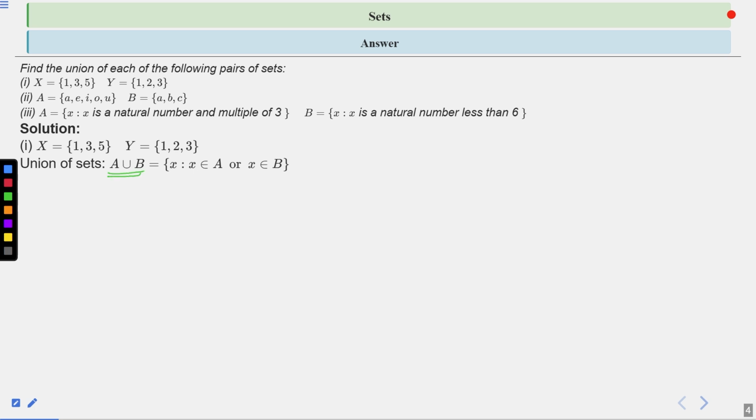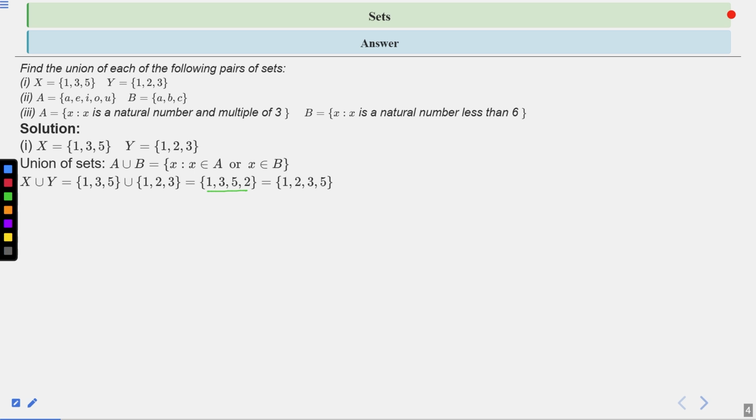Why are we doing this? Because the definition says so. The definition says you have to collect all your elements from set A or set B. You just have to collect. Clear? So by definition, the union will be the set with elements 1, 3, 5, 2.